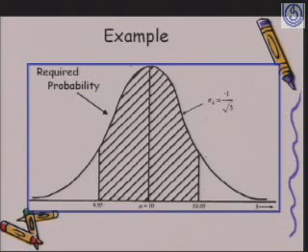Now I can represent this example in the form of a figure also, and now you can visualize what I was telling you. You can see that 9.95 to 10 is one area, and from 10 to 10.05 is another area.